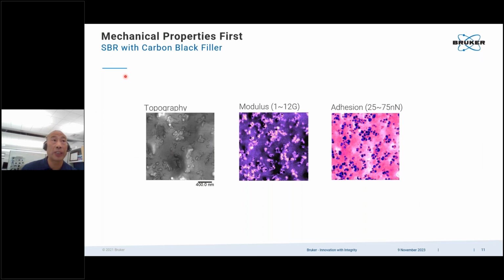This sample is the SBR rubber, and it has some carbon black filler. The reason to have the carbon black filler is to enhance the mechanical resistance. You can see on the modulus map, over those particles, the modulus is much higher. That will increase the lifetime of the tire.